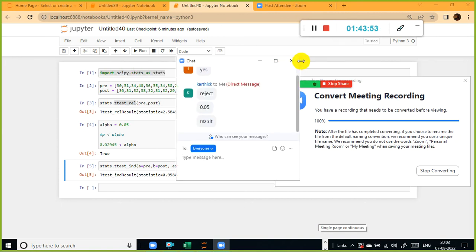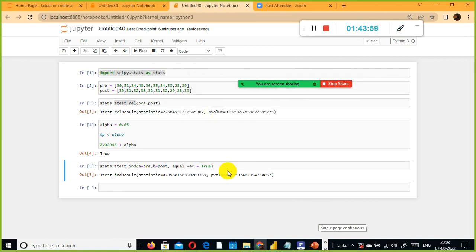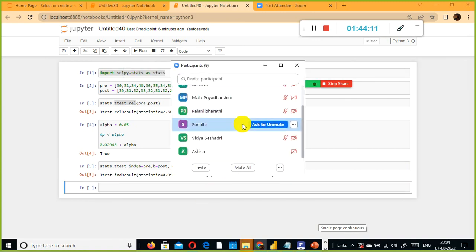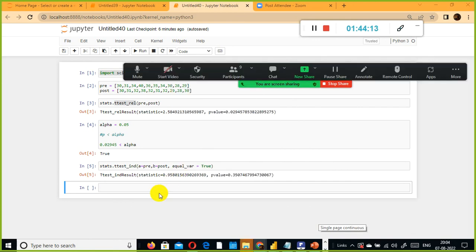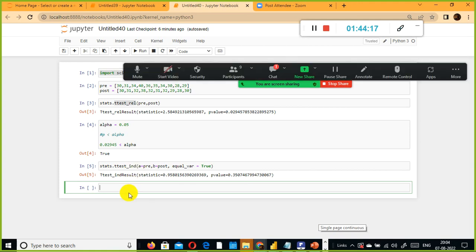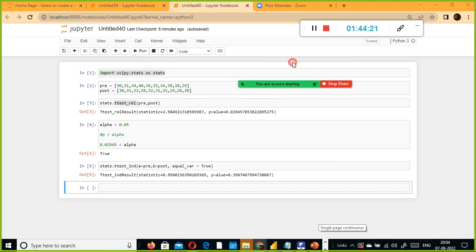And what is the null hypothesis here? Can someone tell me? Let me see, at least one person can tell the correct thing. Here we have taken mu1 is equal to mu2, right? Yes, mu1 is equal to mu2. And the alternative hypothesis says it is not the same.